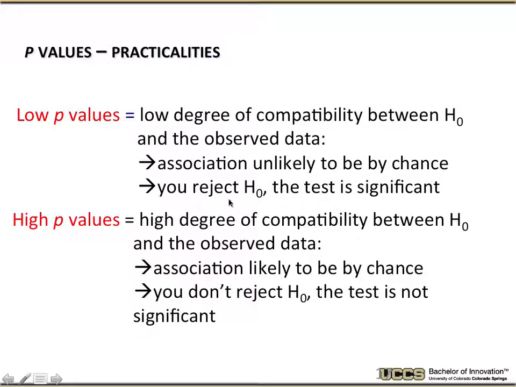So low p-values occur in practicality when there's a low degree of compatibility between H0 and the observed data. So it's unlikely to be by chance, and if it's a very low p-value, you're going to reject the test as significant. Now, if I'm running a test at this level, we'll call this star star, that's a common thing.